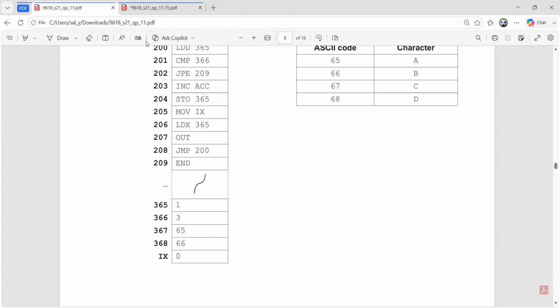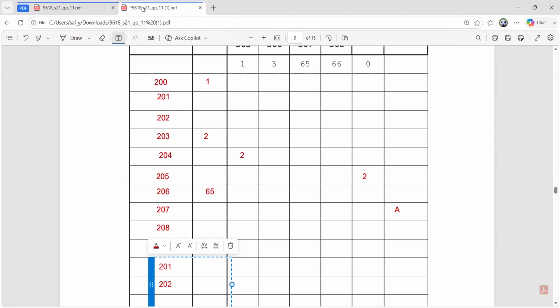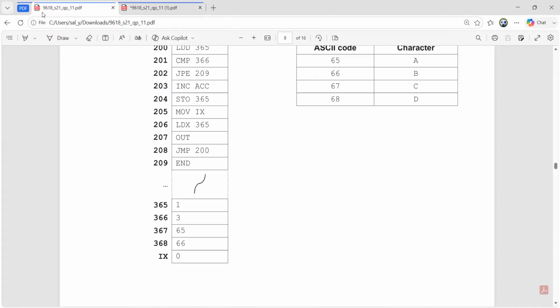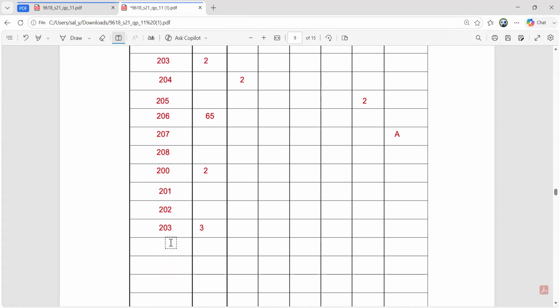Again, in 203, the value of your ACC will be increased by 1. Earlier it was 2, now it will become 3. Now see, 203 is increasing the value. Then it will be STO 365, so it means the value 3 will be stored in the 365 location.